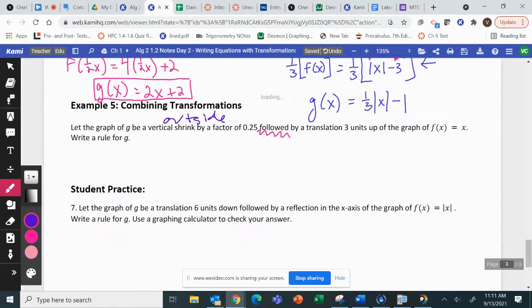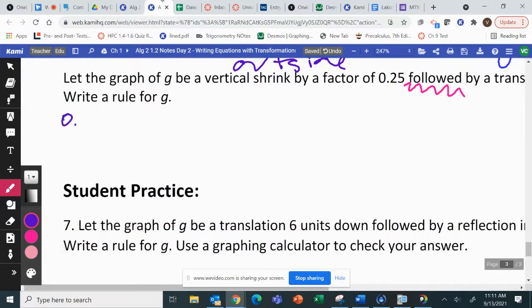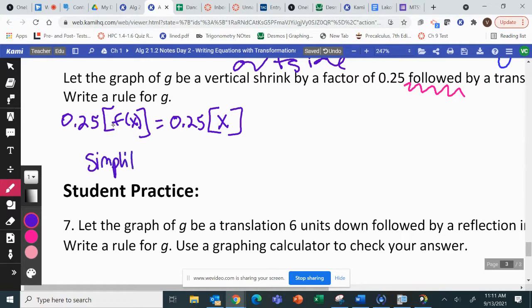And the graph is just f of x equals x. So the first thing we're going to have is 0.25 on the outside of f of x. So I do 0.25 on the outside of the function, which is just x. And I'm going to simplify that and call it h of x.